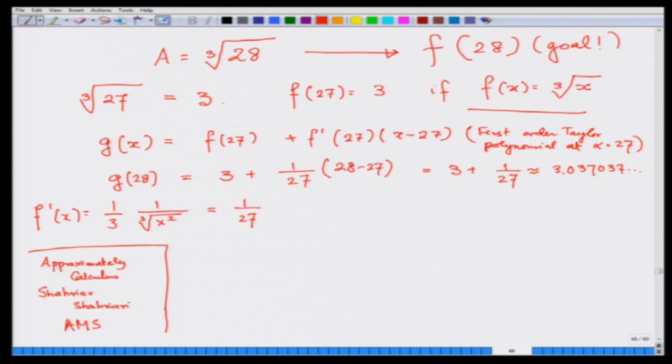So, this is what you have, but what is your error term here? So, your error term here at the second level, E1, is f double dash c by 2 into 28 minus 27 whole square. So, it is again nothing but f double dash c by 2, where c is some number between 28 and 27.